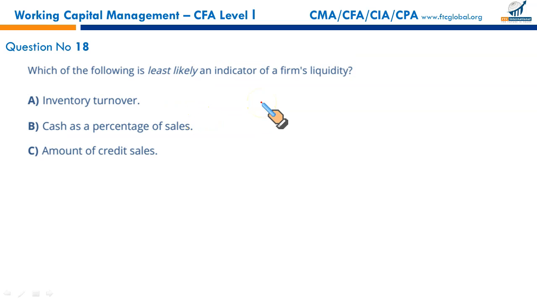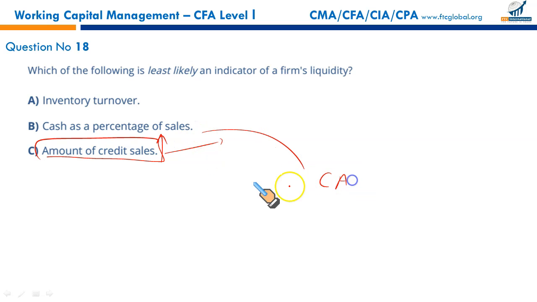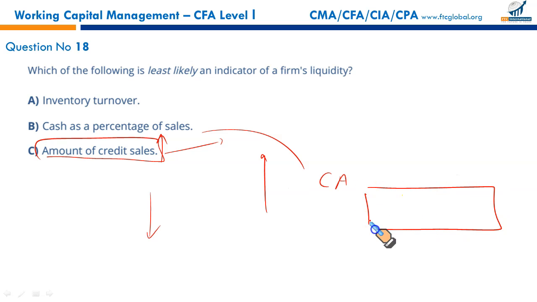Both of these are. C. Amount of credit sale. We can't say whether a business that has a high credit sale will have low cash balances, or a business that has low credit sales may have a high cash balance. We can't say that, because some businesses have quite significant sales, and since the sale is high, the credit sale will be comparatively higher.